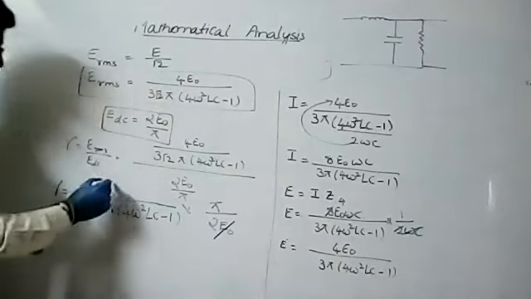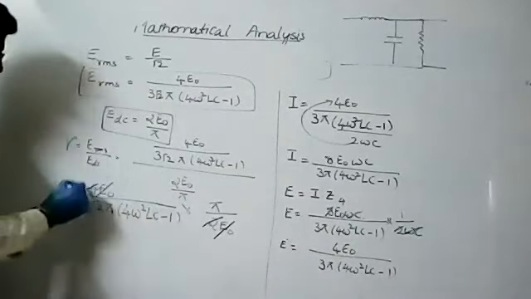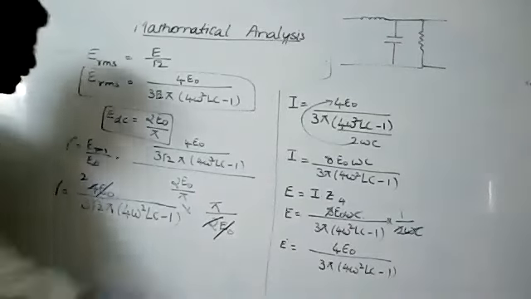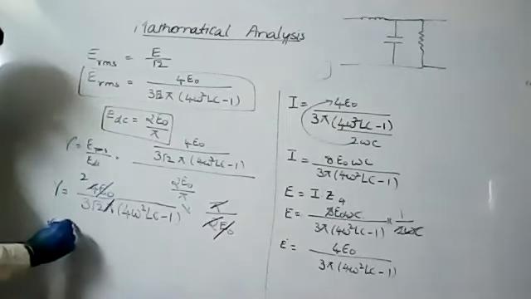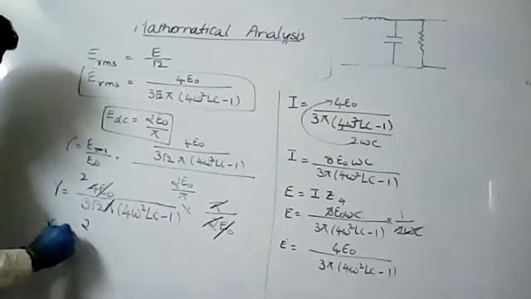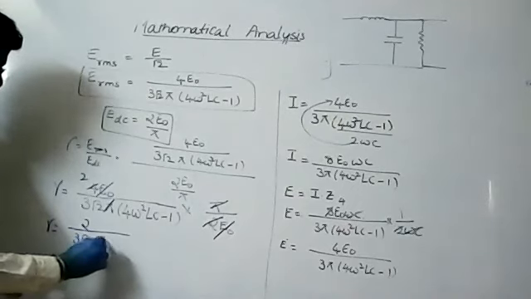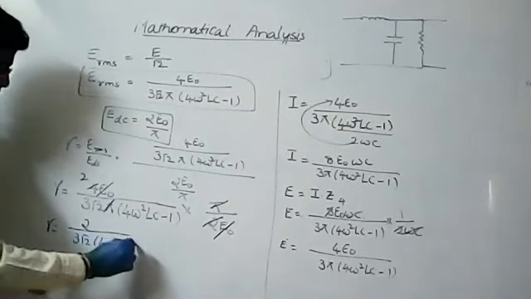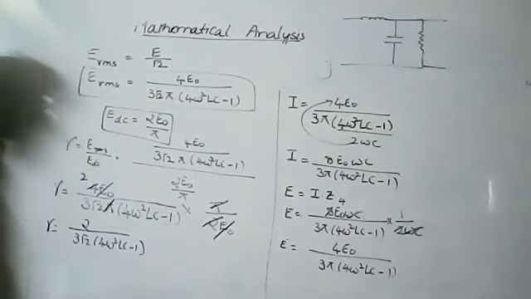So E naught will cancel, 2 will cancel, then pi. So what is left over? 2 by 3 root 2, 4 omega square LC minus 1.